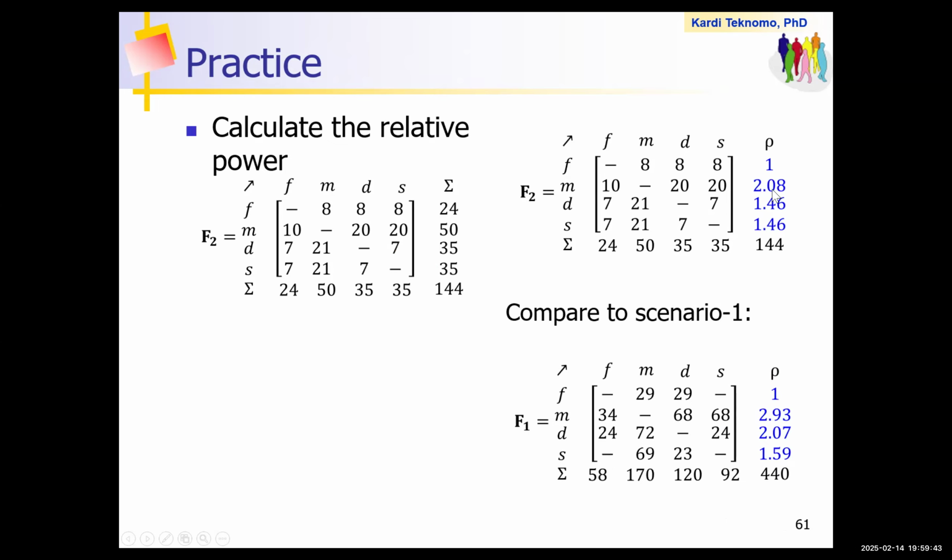The change in scenario actually changes the power dynamics. Can you see this? But in terms of the ranking, they are the same. So that's why if we want something more refined, we can do this.